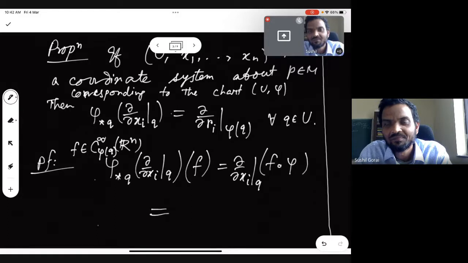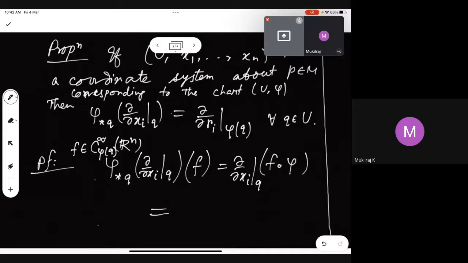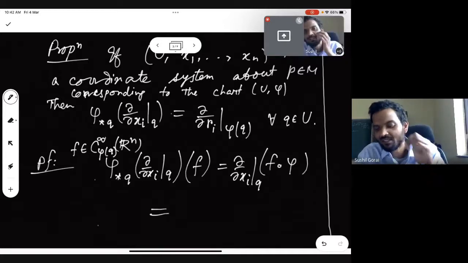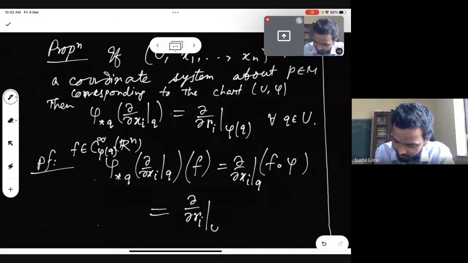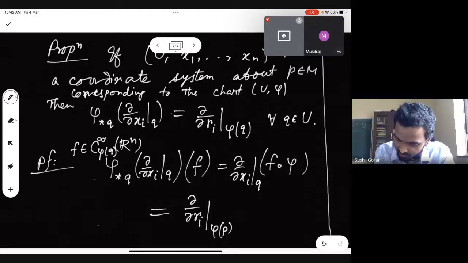Mugilraj? Mugilraj, are you there? Yes, sir. Can you hear? Yeah. What is the definition of del by del xi? Del by del ri of f at phi of q.